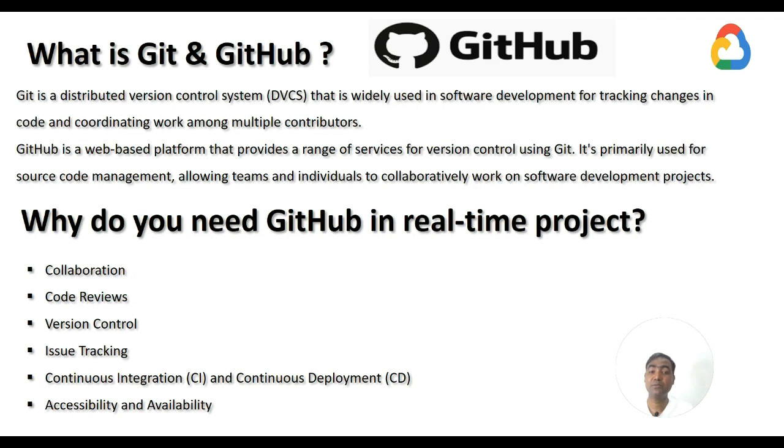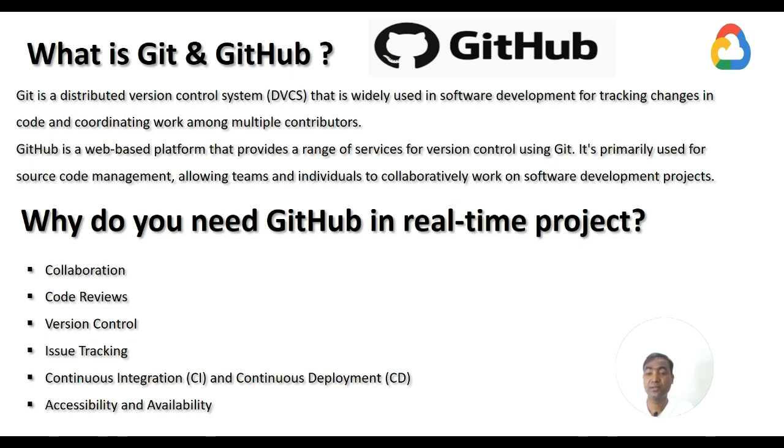It allows you to track changes, revert to the previous version, and merge code from multiple contributors. Each developer has a complete copy of the code repository on their local machine. This allows for offline work and enables multiple developers to work independently and then sync their changes later.